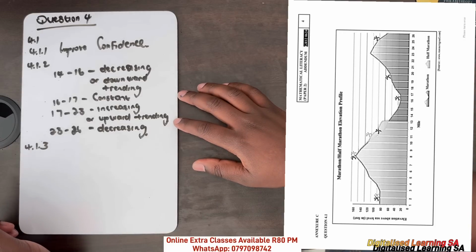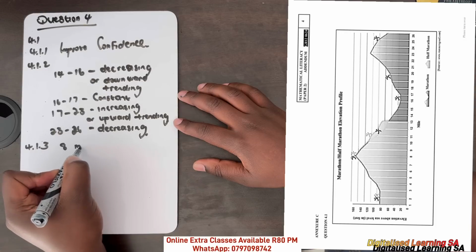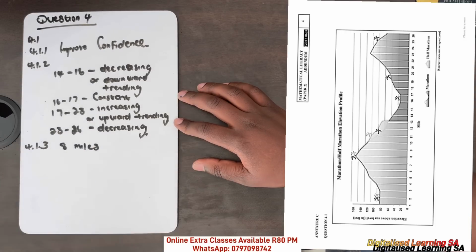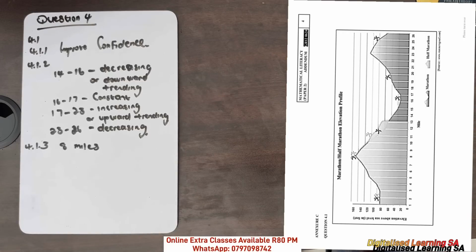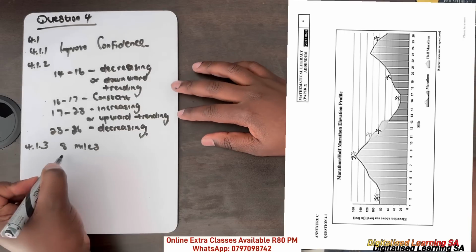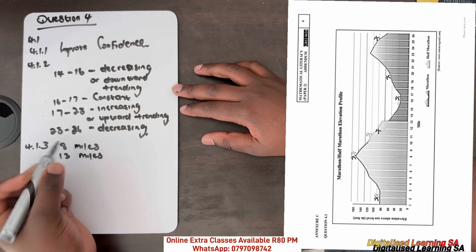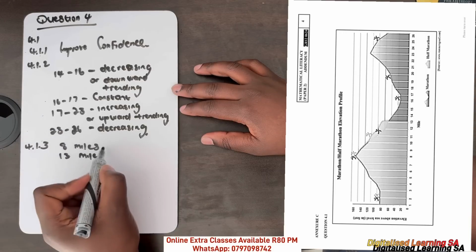So we can see that the highest elevation is on 8 miles. And then the end of the half marathon is on 13 miles. So we need to determine the difference between the two first.